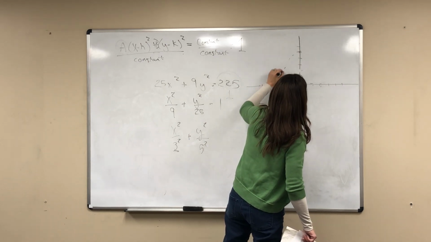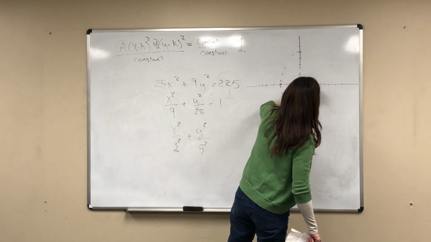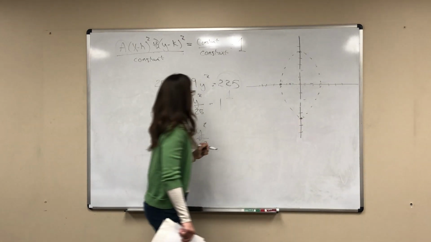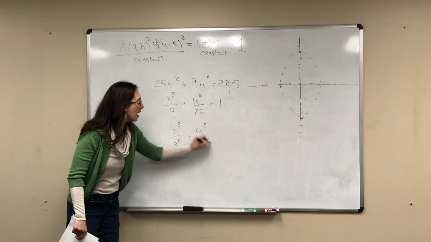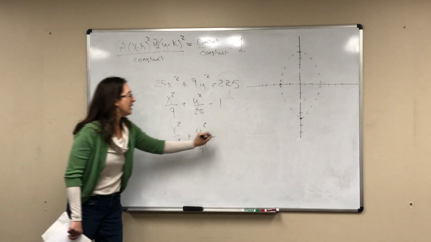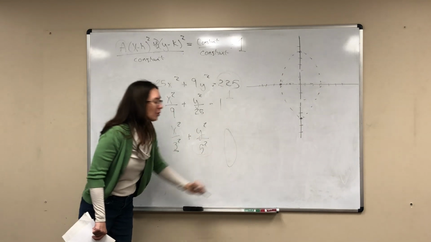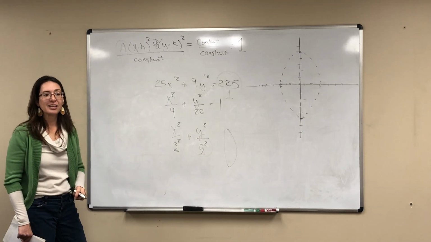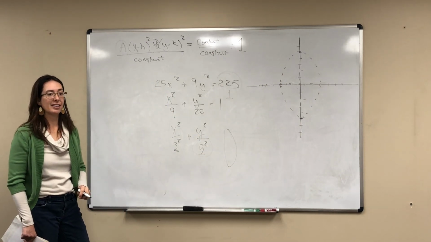So now I have an ellipse that is vertical. Okay? If the y is the bigger number, it goes up and down along the y-axis. It's vertical. Do we see that?